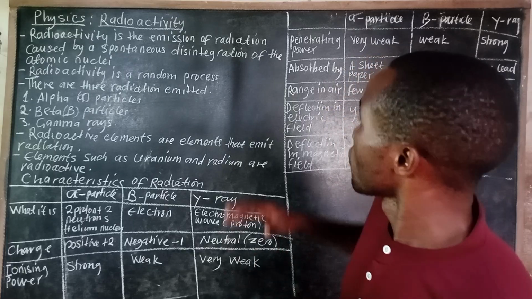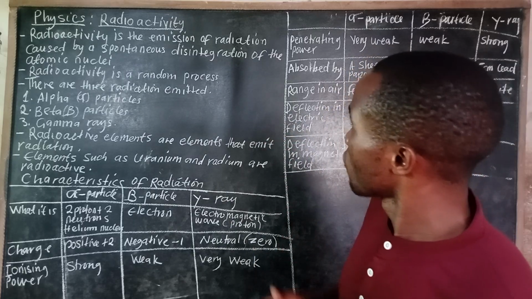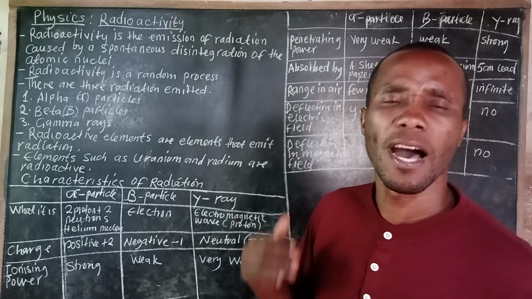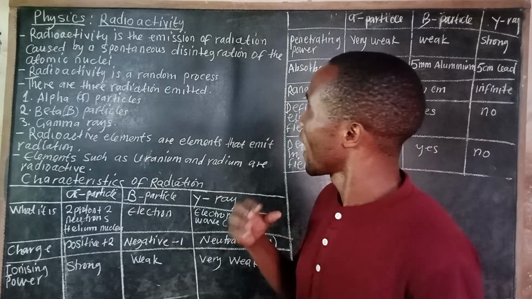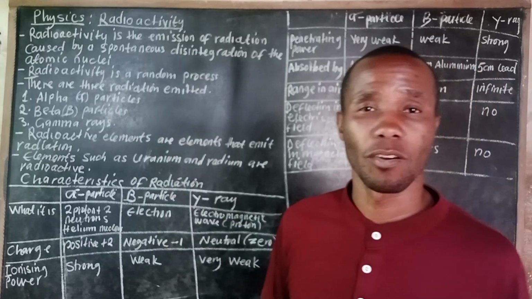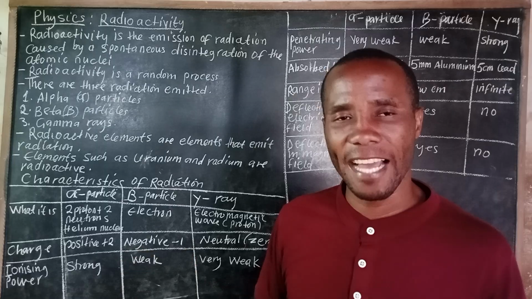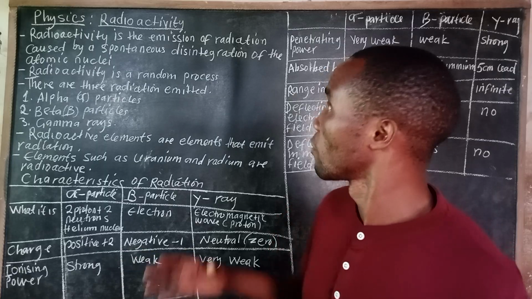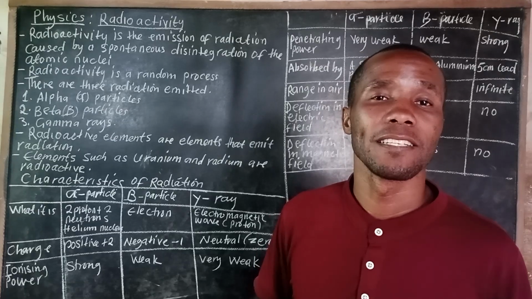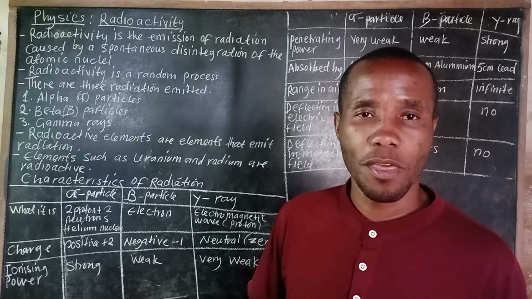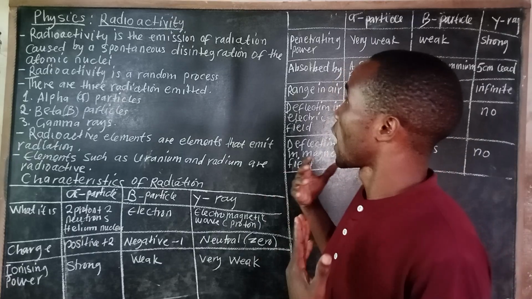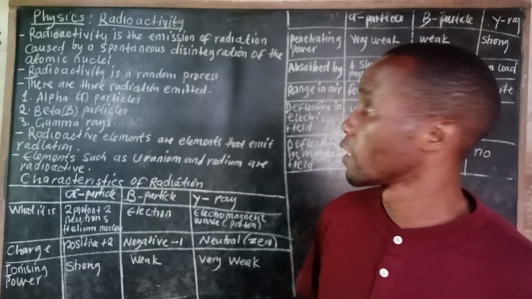So when we say caused by a spontaneous disintegration of atomic nuclei, meaning atoms, they undergo spontaneous disintegration. The breaking down of atoms or nuclei is done naturally without being forced. That is spontaneous. So when you say radioactivity, that is what we are talking about.